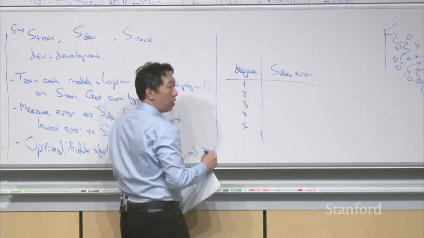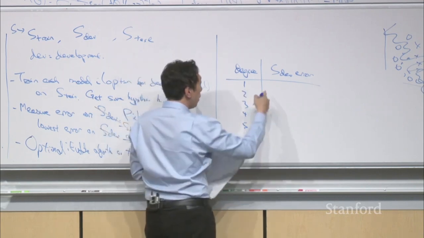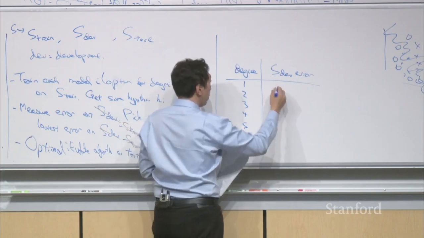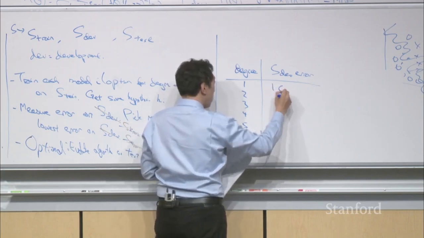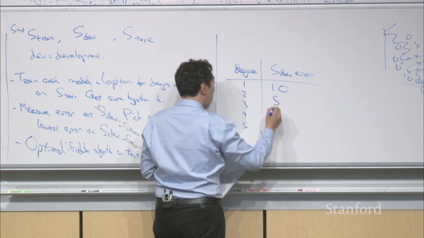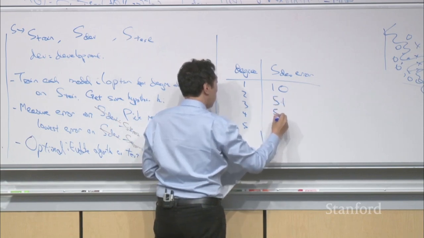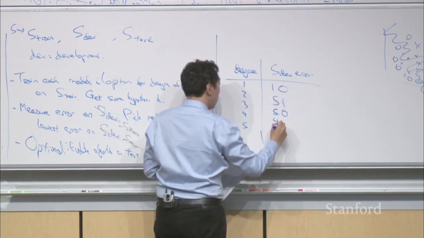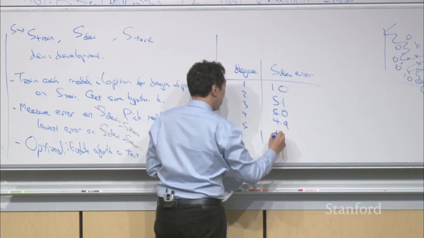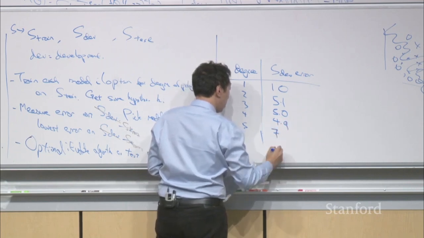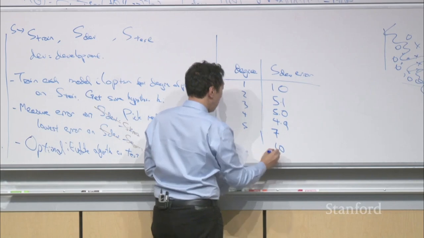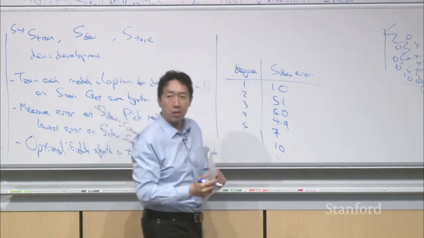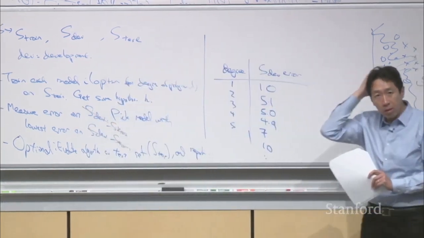And so after fitting all of these, let's say that the squared error, just to use round numbers, is 10, 5.1, 5.0, 4.9, 7, 10, and so on. Okay, just to use round numbers for illustrative purposes.